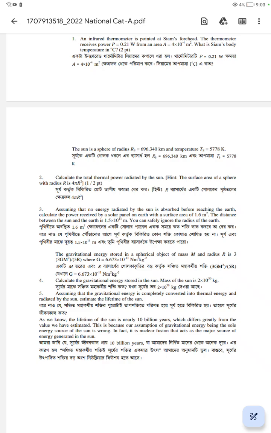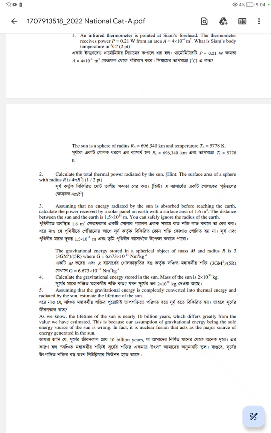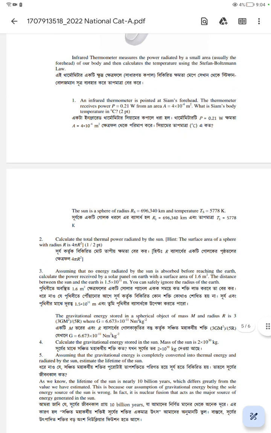So what is m square? 2 times 10 to the 30, and this thing is getting squared. And now we need to divide this thing by 5r. So 5 times r. If you remember, they have given r before. Here is r, see it's 696,340 kilometers. Again, we need to convert it to meters.